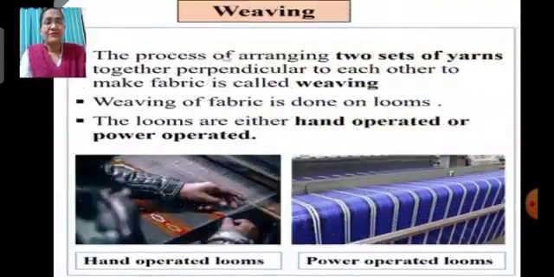Let's see weaving and knitting. What is weaving, children? The process of arranging two sets of yarns perpendicular to each other to make fabric is called weaving. Weaving of fabric is done on looms. The looms are either hand operated or power operated.